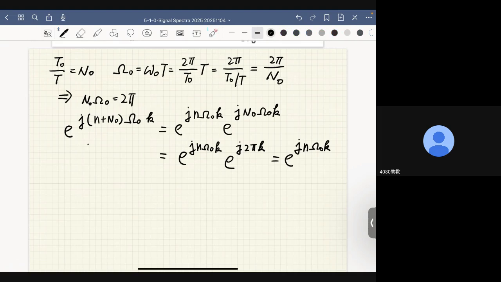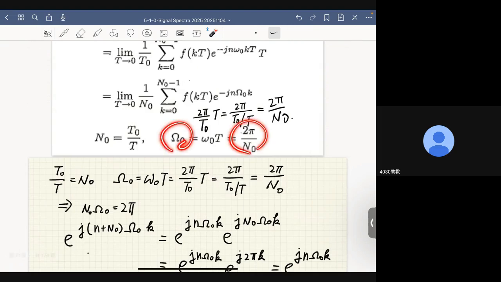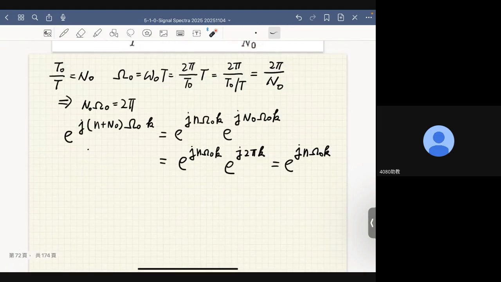We know that capital omega 0 is equal to 2 pi over N0. Keep this in mind. So if capital omega 0 is 2 pi over N0, then if I multiply both sides by N0, this is what I will get.